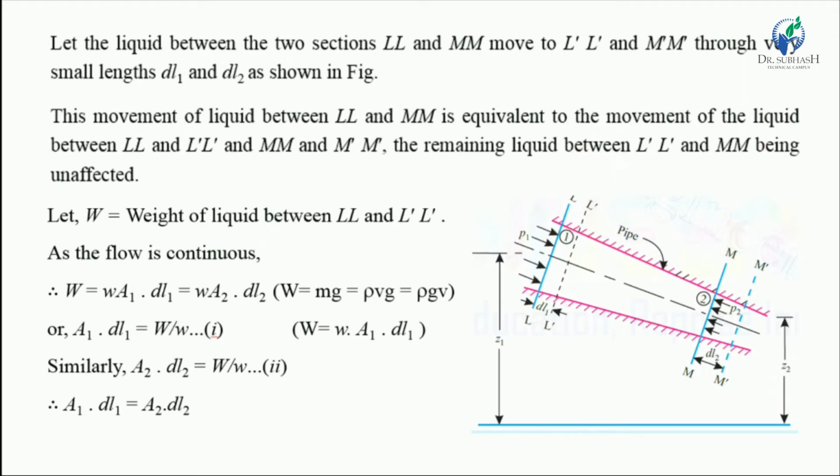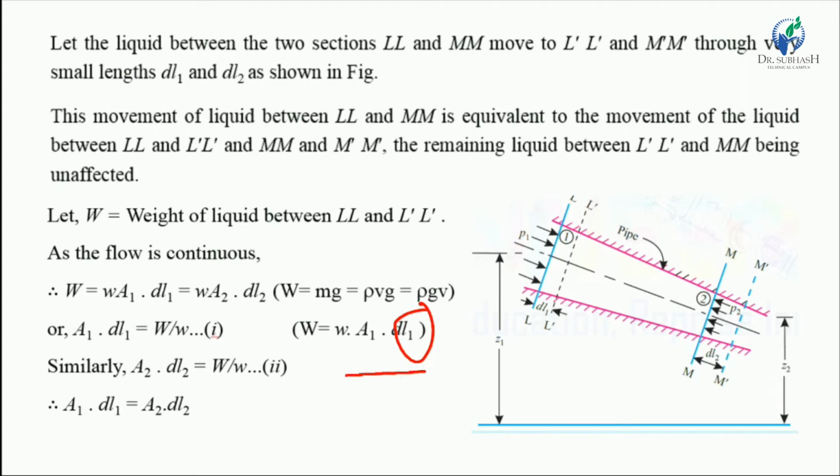Okay. So now consider only the LL side. The weight of liquid between the LL and LL dash sections can be written this way. We know that W is equal to mg. So mass is converted into density and volume: rho V g. Now we rearrange: rho g V. Rho g we know is the specific weight, small w, and now put in the value of volume. The cross section area at the LL side is A1 and the length is dl1.